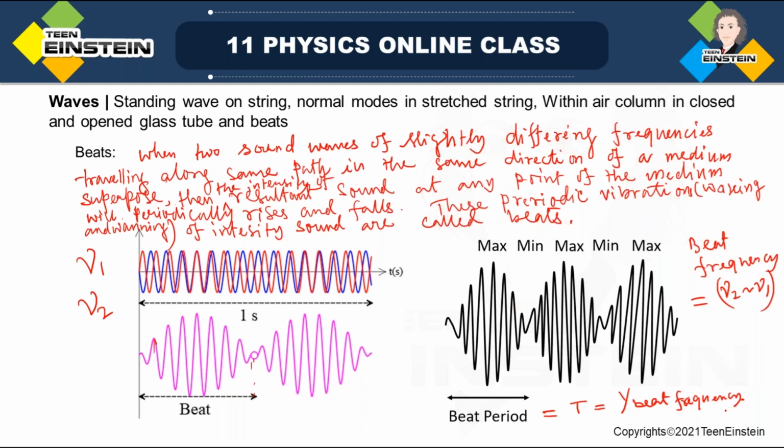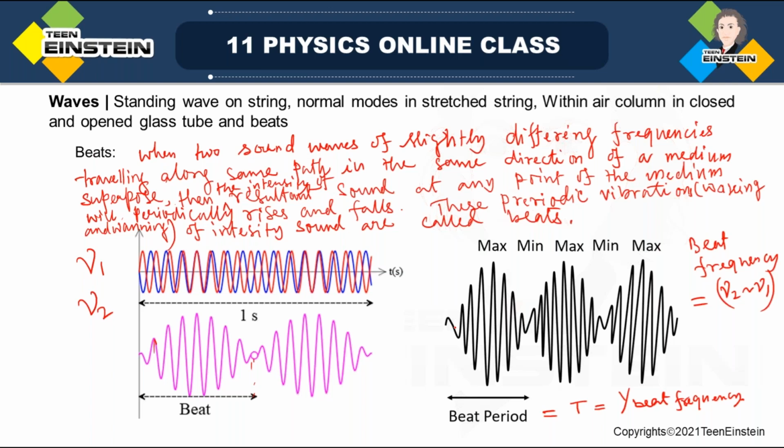All right, so next day I will discuss in a little more detail how we are getting this waxing and waning of intensity. Mathematically, I'll prove this, and we'll take up practical applications of beats in the next class, and how a beat is produced.